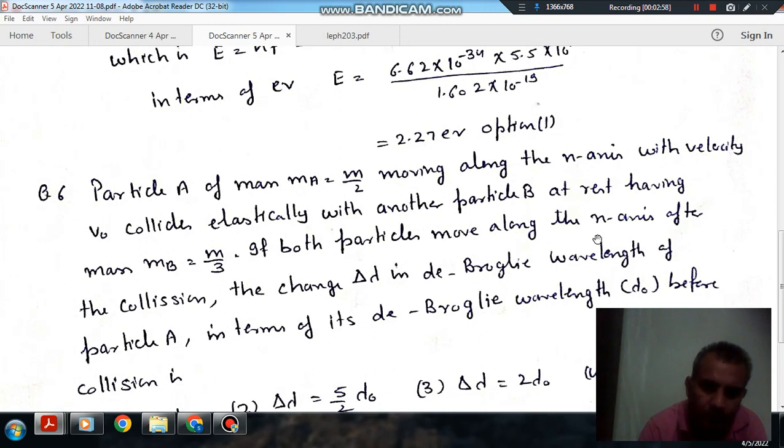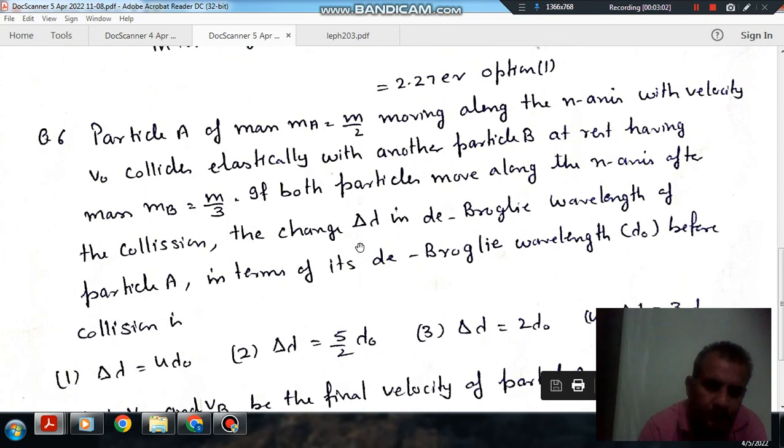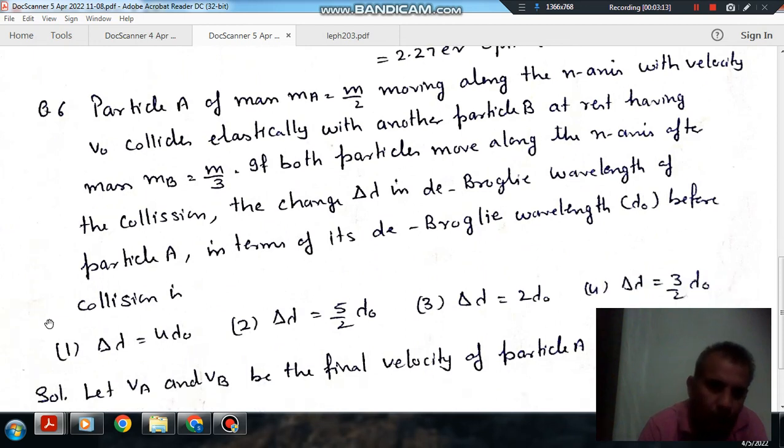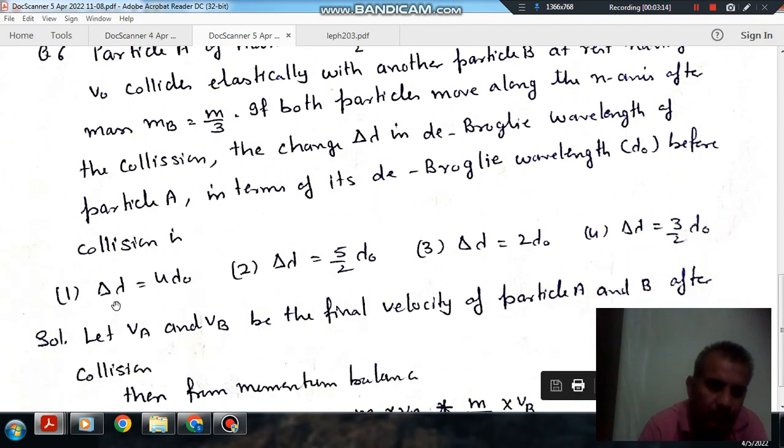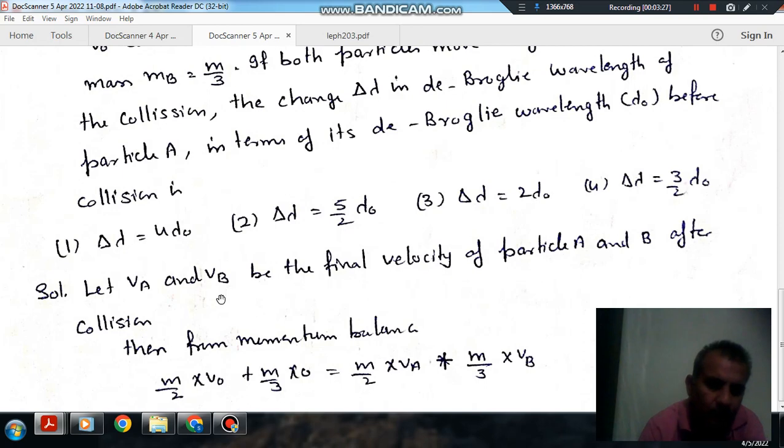If both particles move along the x-axis after collision, the change delta lambda in the de Broglie wavelength of particle A, in terms of its de Broglie wavelength lambda naught before collision, is: option 1, delta lambda is equal to 4 lambda naught; 2, delta lambda is equal to 5 by 2 lambda naught; 3, delta lambda is equal to 2 lambda naught; 4, delta lambda is equal to 3 by 2 lambda naught.